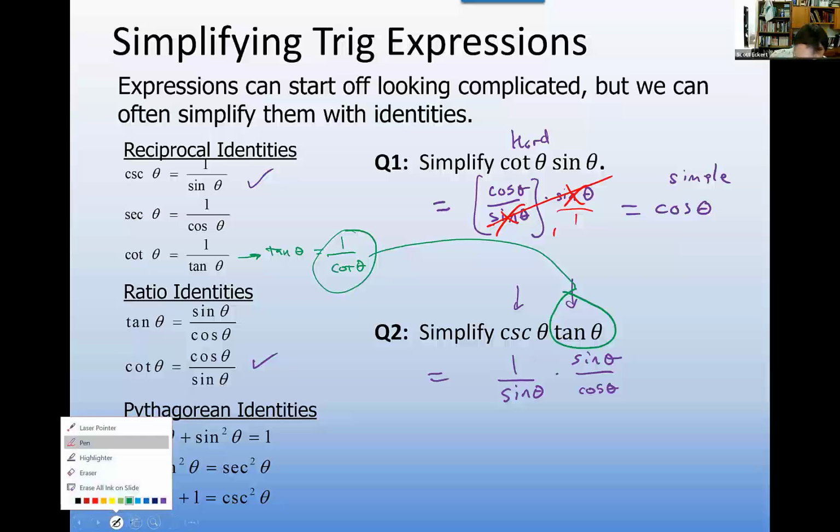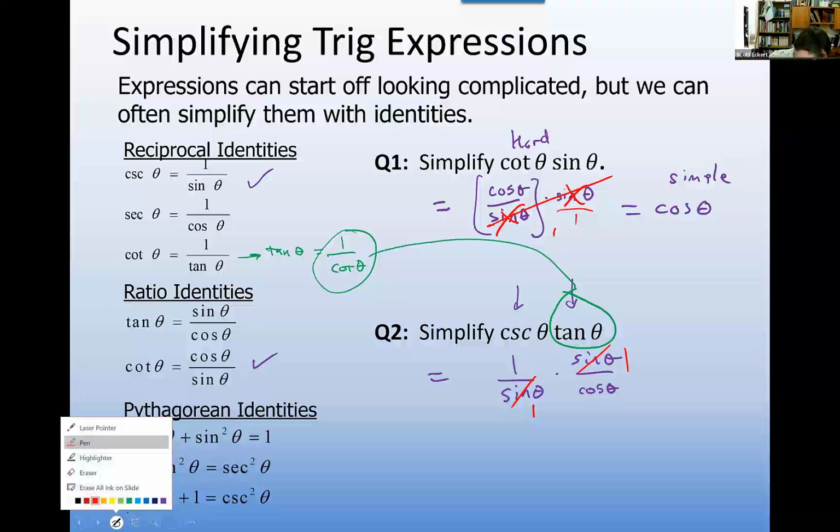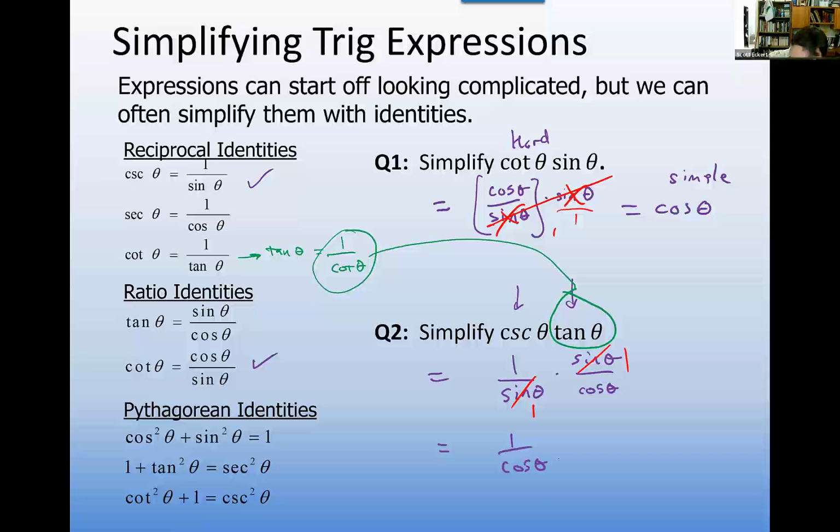And it's going to be very much like the last problem. A sine divided by sine is 1. I'm canceling. Canceling is a nickname for dividing. Sine divided by sine equals 1. And what's left? Equals 1 over cosine. So we took that hard statement and made it simpler.